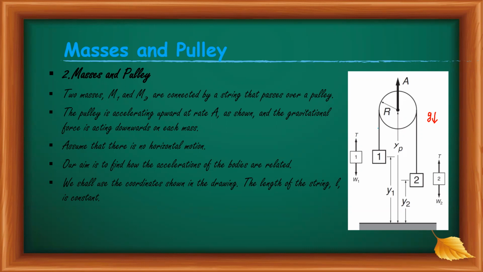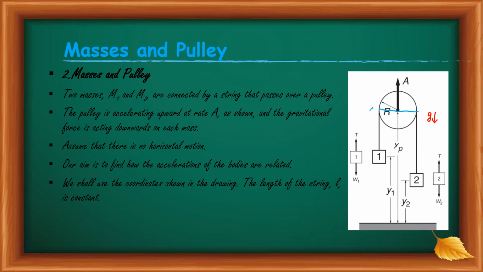This is the string and it passes over the pulley up to here, and this is up to the second mass. Then we have to divide it into some lengths.